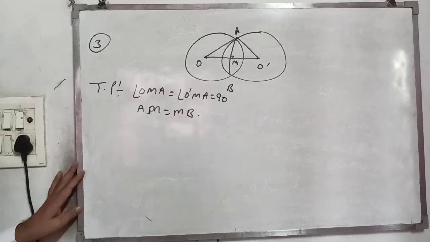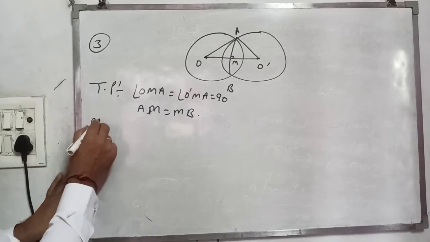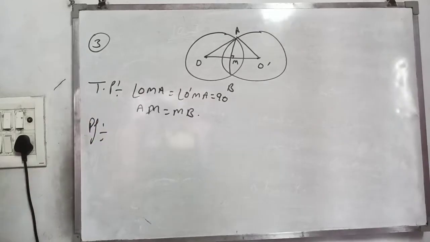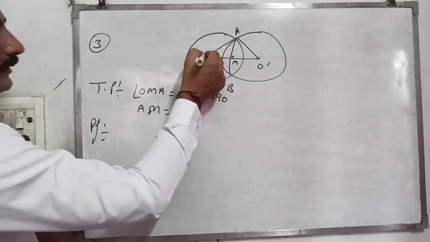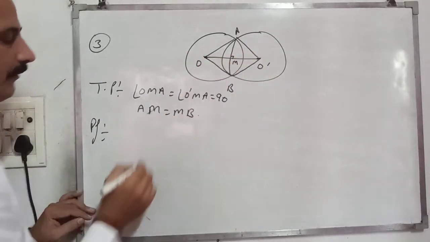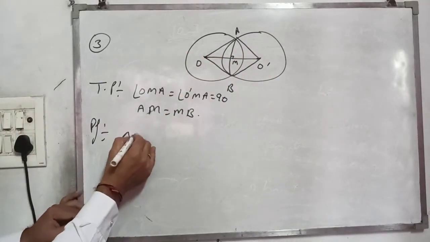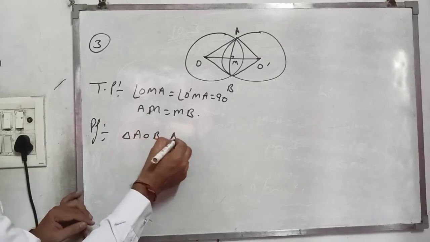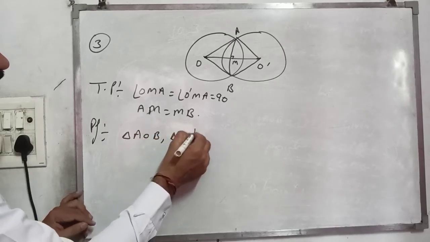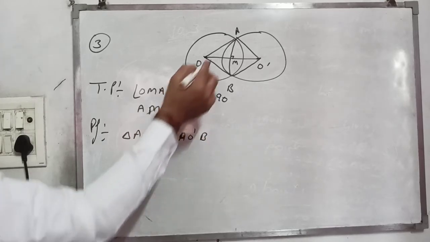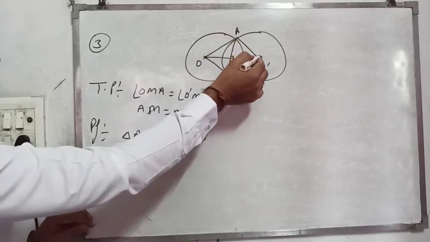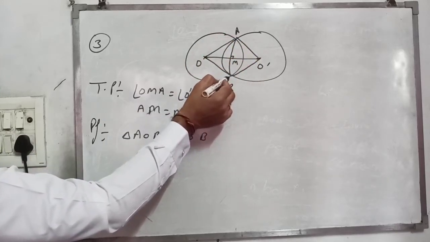We want to prove these two things. So first we join these also. Now we use triangle AOB and triangle AO'B.